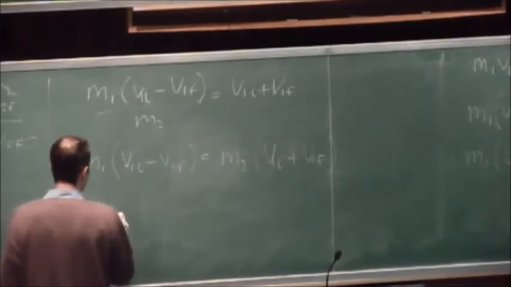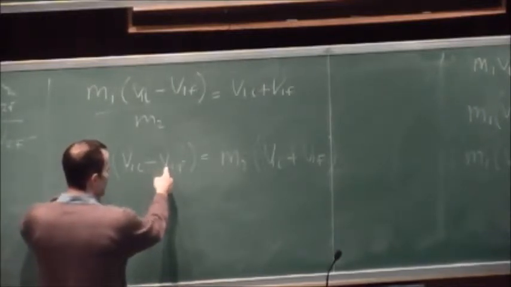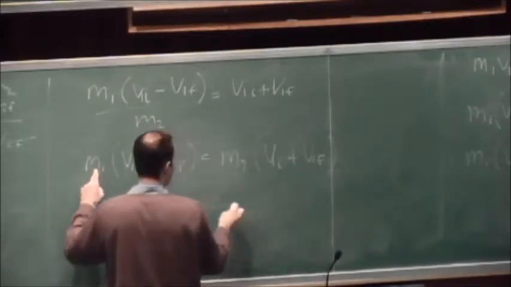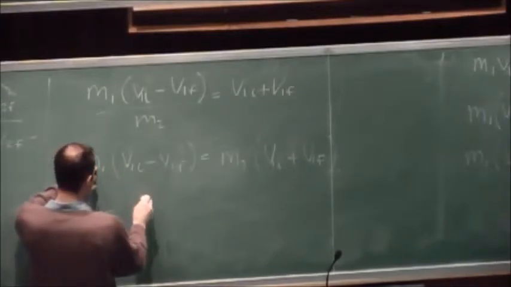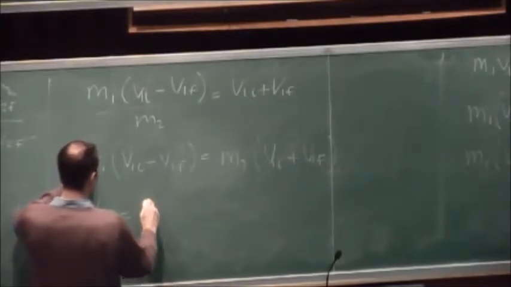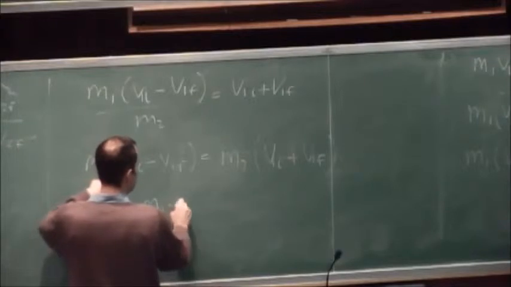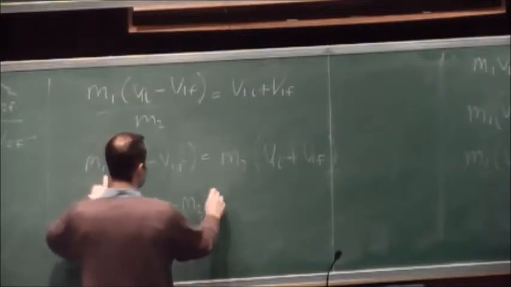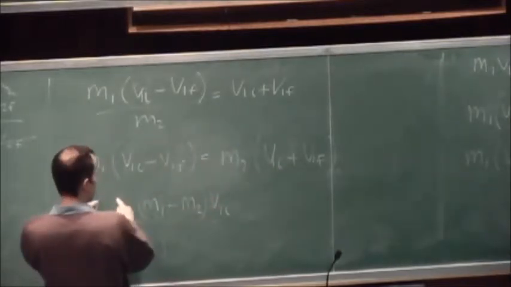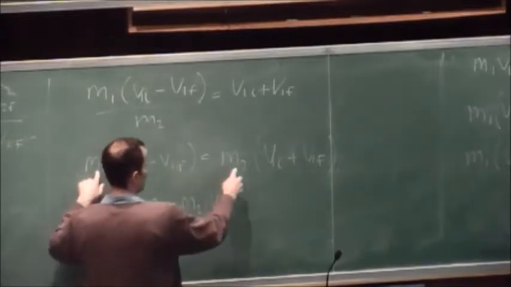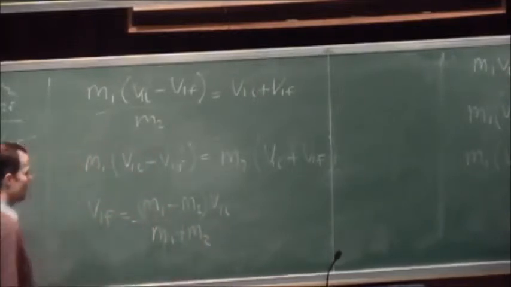So if I just bring this over to here, then I get M1 minus M2 times V1 initial on this side, and on the other side I bring this V1 final, so I get M1 plus M2.